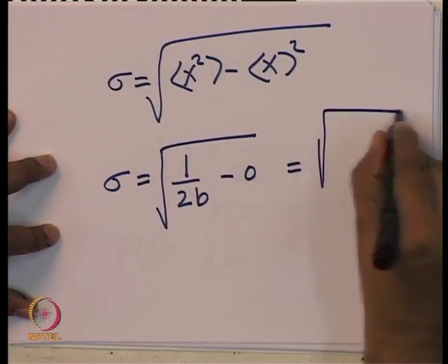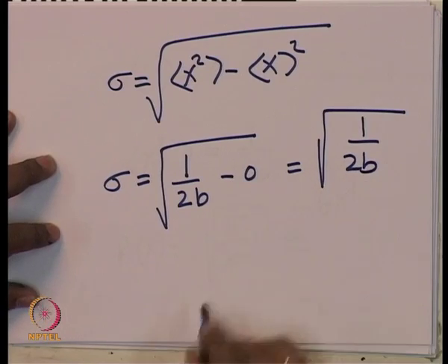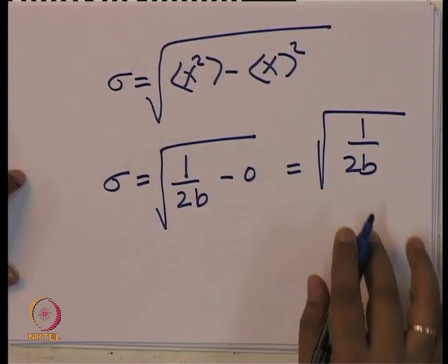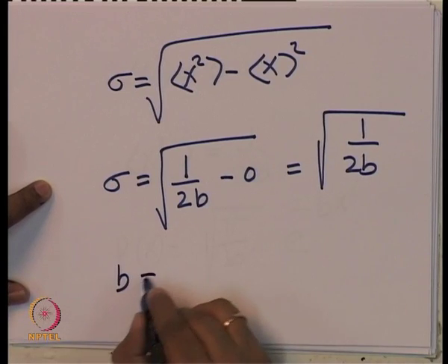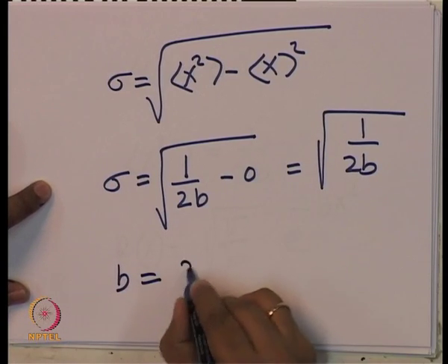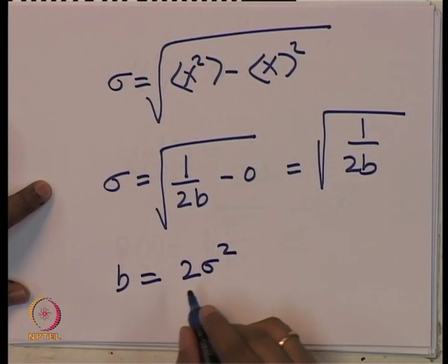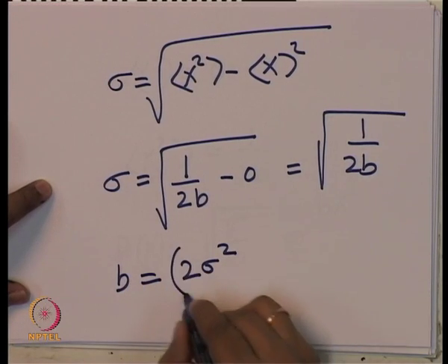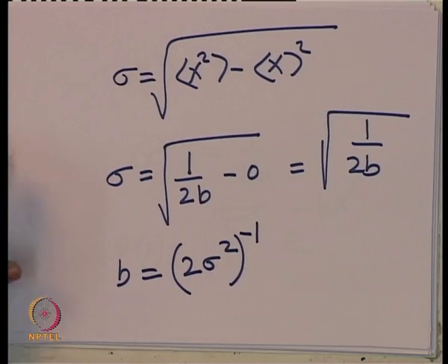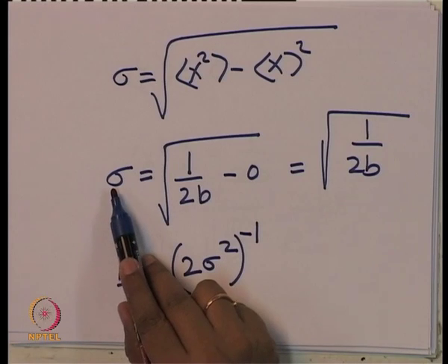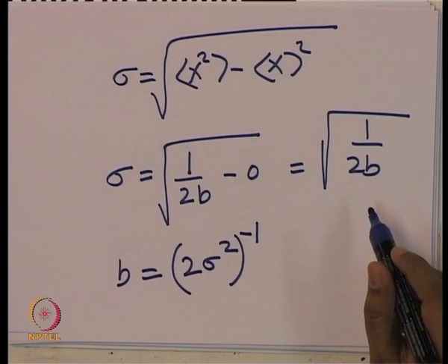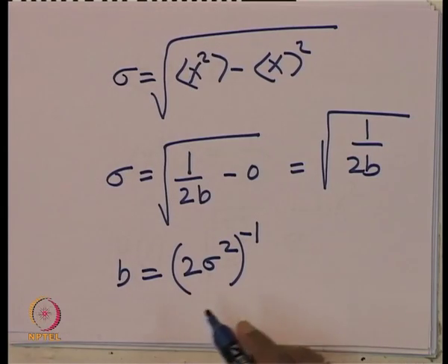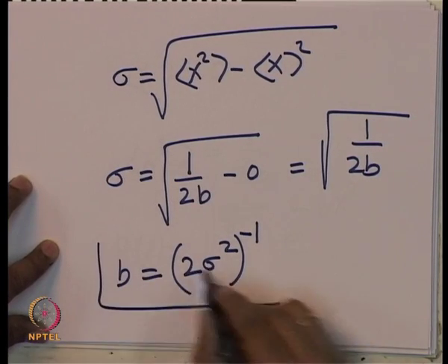What does this imply? It implies that sigma square is 1 over 2 b, so b is equal to 1 over 2 sigma square.